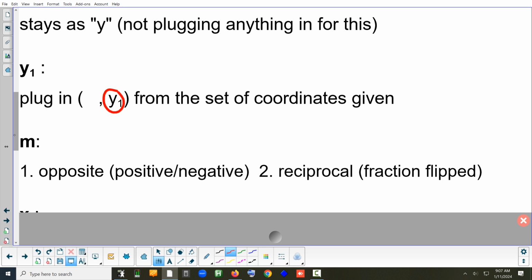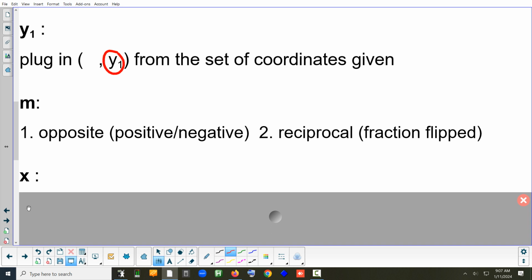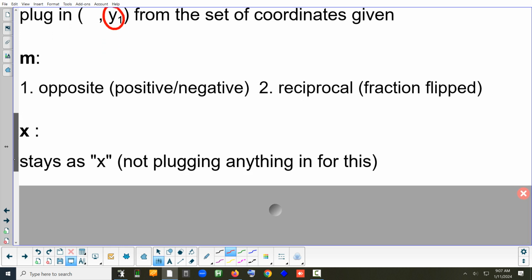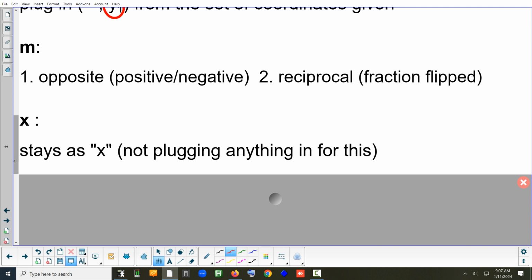Okay, what's the next letter that comes after M? X. And what are we doing with the X? Nothing. Stays the same. So X is just going to stay as X. Don't plug anything in for X. All right, and then what's our last letter in the formula?